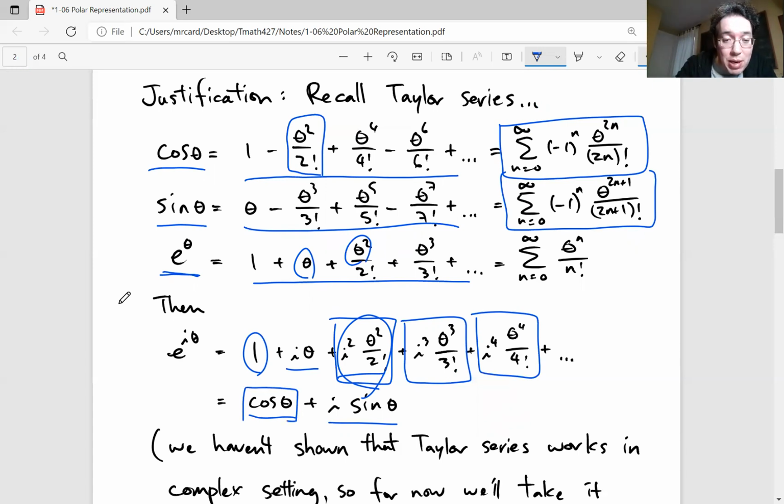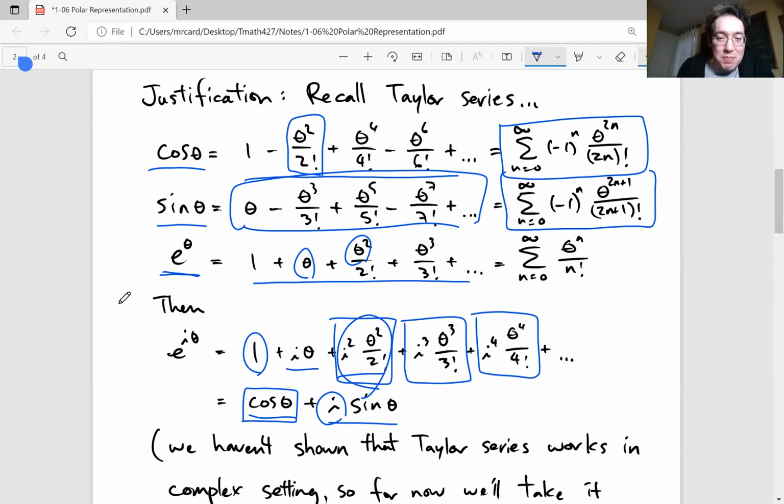So those combine to make cosine theta. And all the odd ones, if you put in the extra I, then it's going to flip sign as well, and that will take care of all the odd powers.